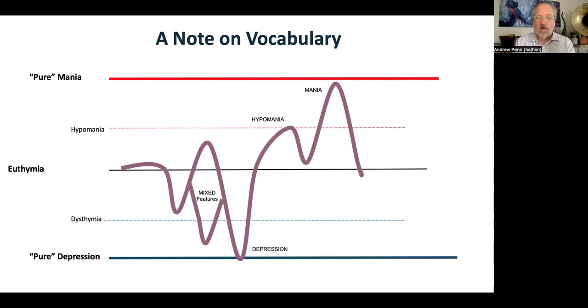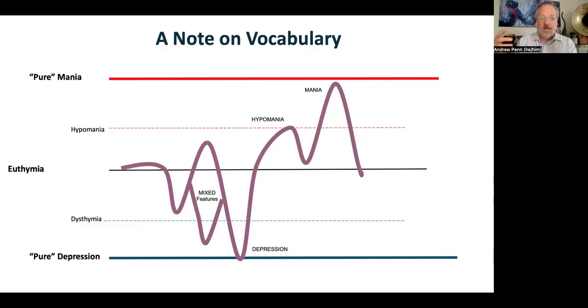So just to get clear on what some of this terminology means, that middle line through the horizontal axis is euthymia. And I think most people are familiar with the idea of depression, and depression can exist to varying degrees of severity. So we might call a sort of moderate depression a dysthymia. That also refers to a kind of chronic low-grade depression.